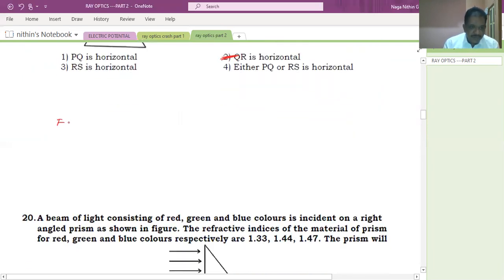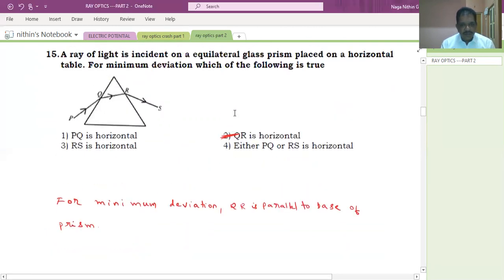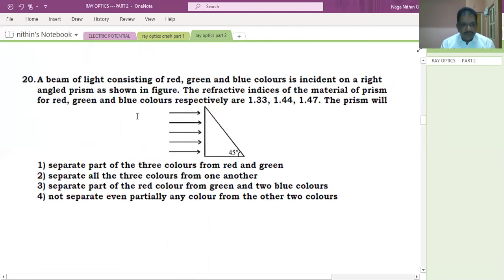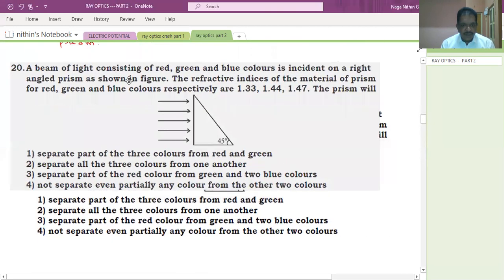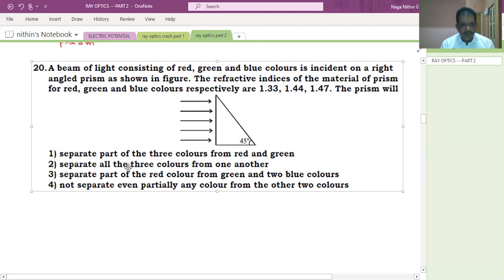So for minimum deviation, QR is parallel to base of prism. Okay. So this is the answer for it. QR is horizontal.